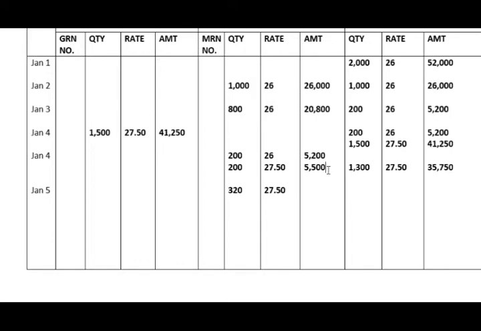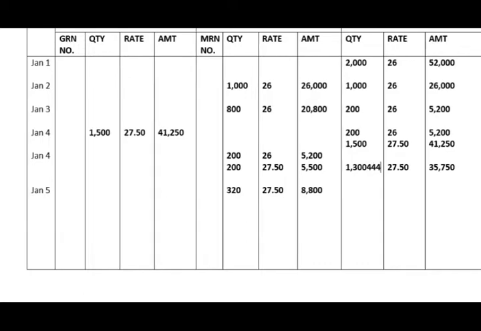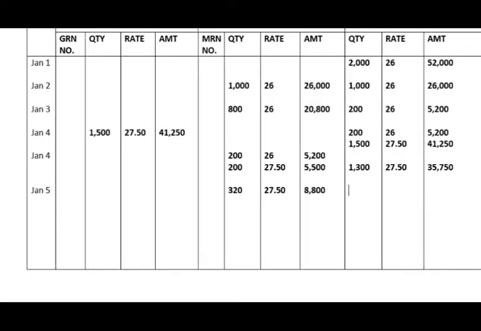It amounts to 8,800, 320 at the rate of 27.50. Out of 1,300, we already issued 320. The remaining balance is only 980. 980 units at what rate? 27.50. It amounts to 26,950.